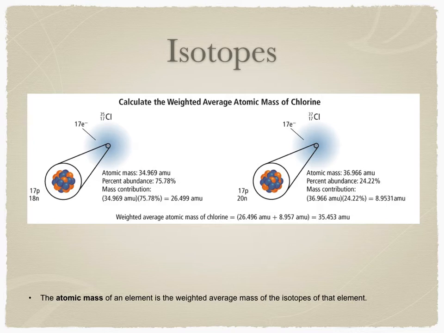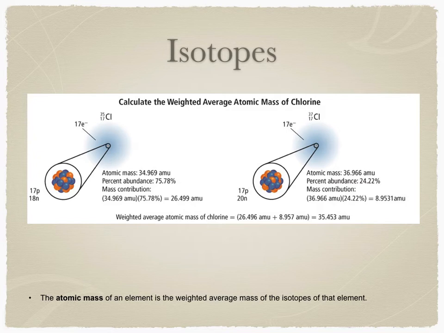Okay, so then the weighted average atomic mass of chlorine is 26.496 AMUs from the first equation, plus the 8.9587 AMUs from the second equation, and what we come up with is 35.453 AMUs. This is the average atomic mass calculated based on how much of each isotope we have.